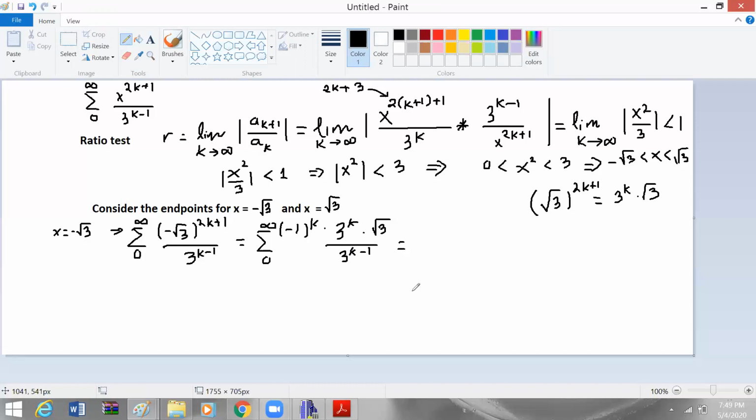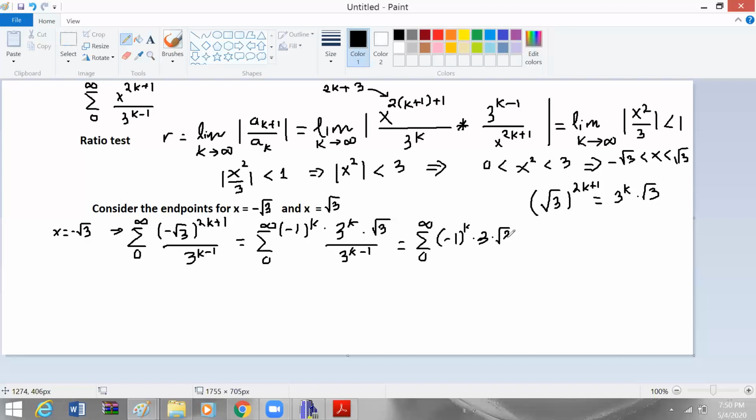Now when we consider the series, we cancel out 3 to the k and 3 to the k minus 1, so we're going to have 3 on the top. The entire thing will be the sum from 0 to infinity of negative 1 to the k, times 3 radical 3.